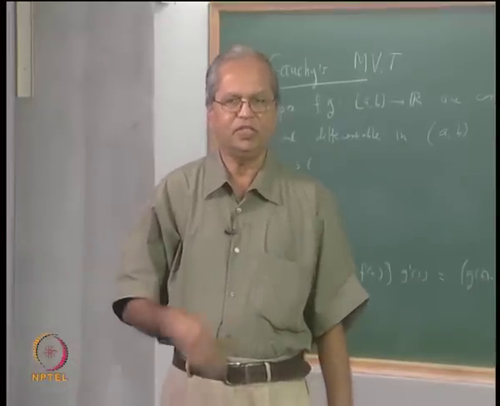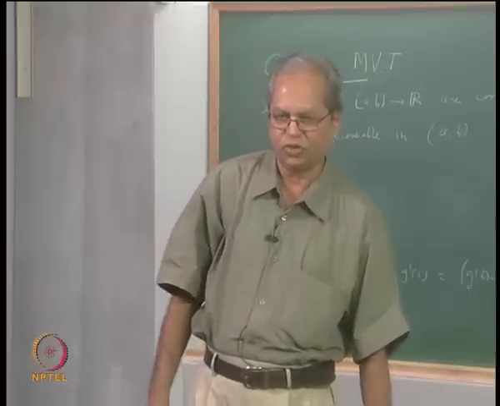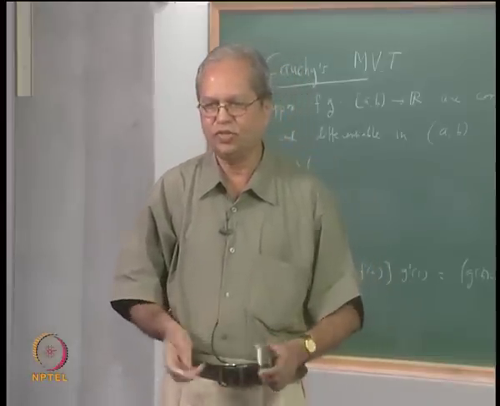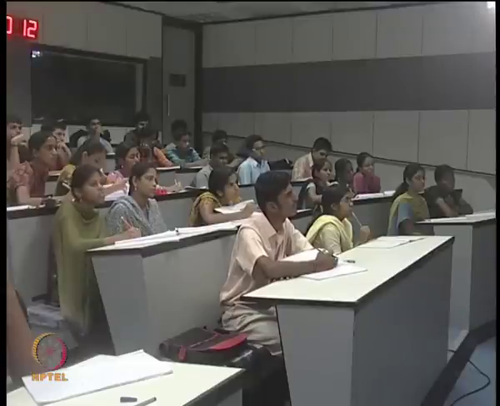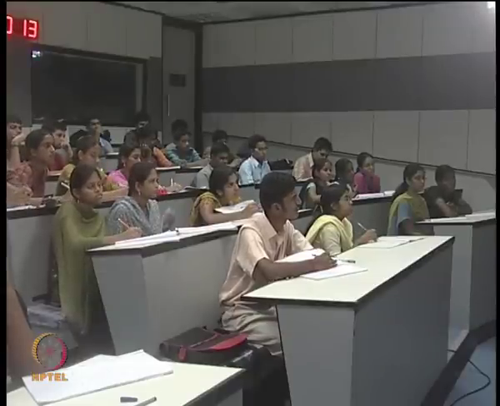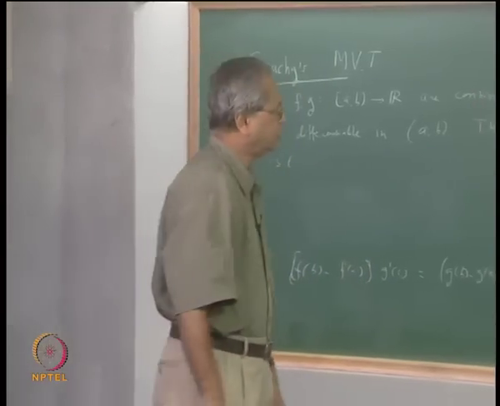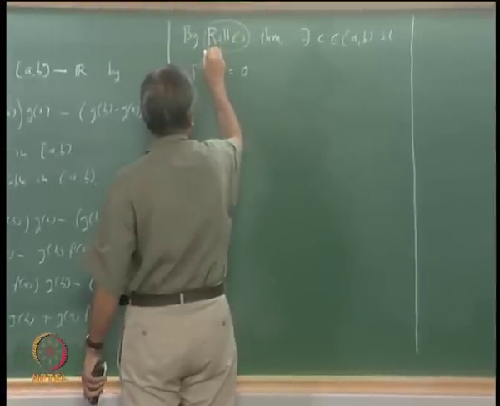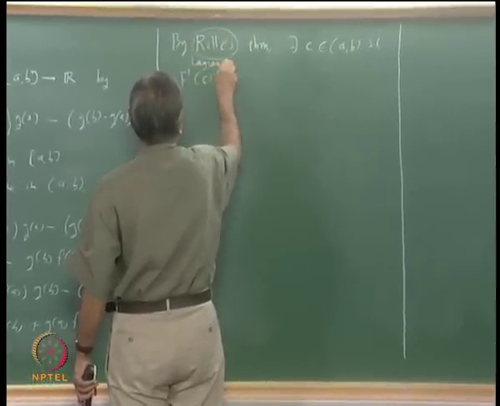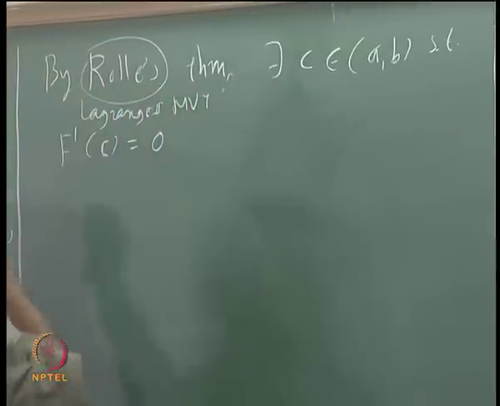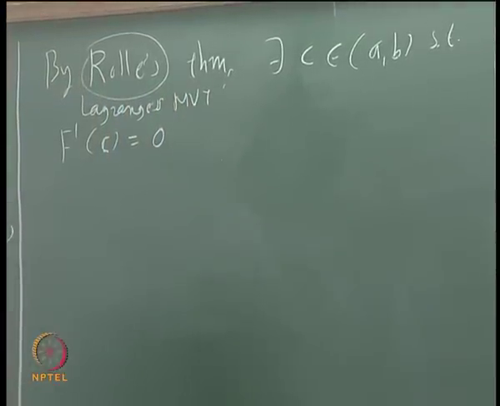There is some convenience in taking them to be 0, but that is not very crucial, because adding and subtracting constants does not change the derivatives. Instead of the function f, you can take f minus k, and its derivative will be the same as the derivative of f. Instead of Rolle's theorem, if you want you can say Lagrange's mean value theorem, that does not matter.